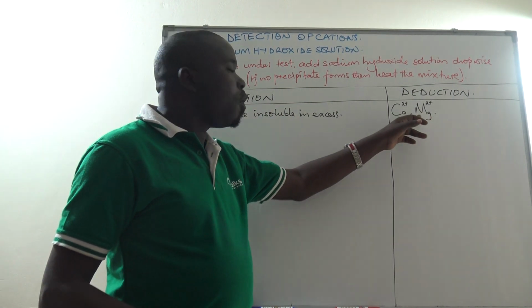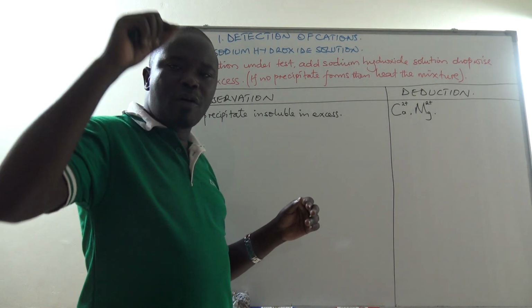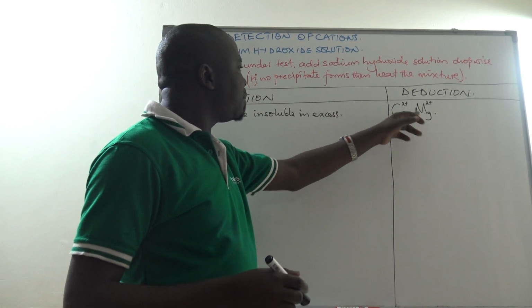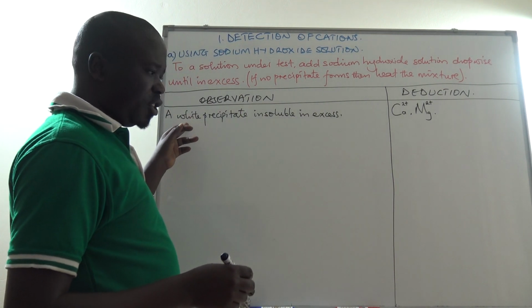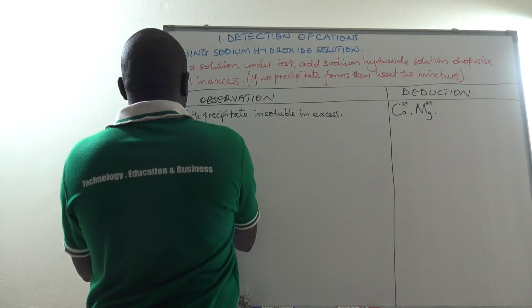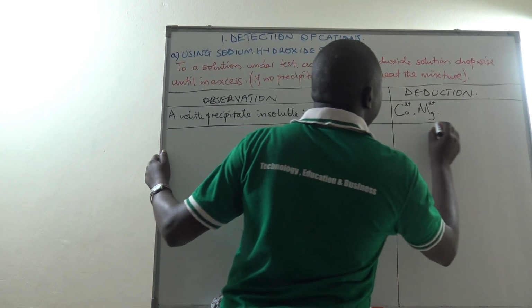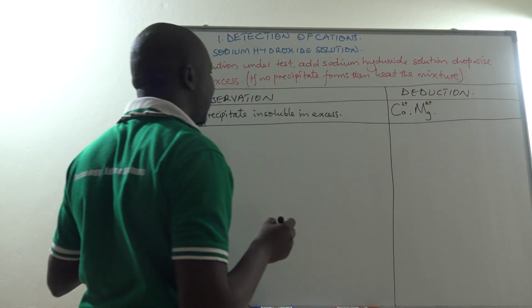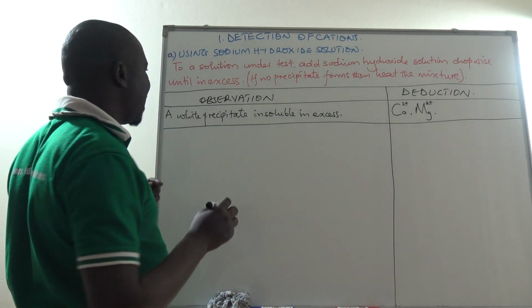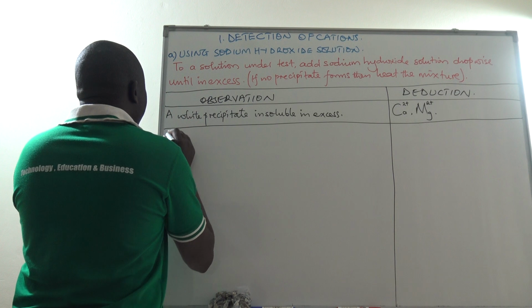Since there are two, we have not yet zeroed in on the very one which is present, because both of them give us the same observation. So let us not forget this one here. If you have got a white precipitate insoluble in excess, then it is calcium ion or magnesium ion that's likely to be present.